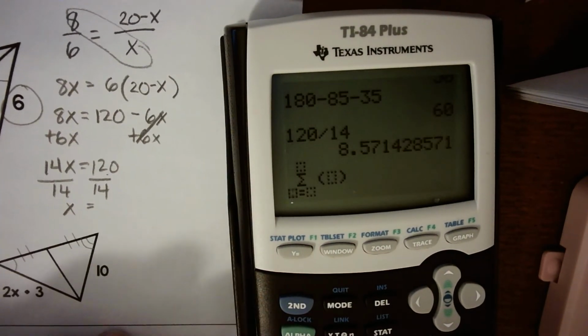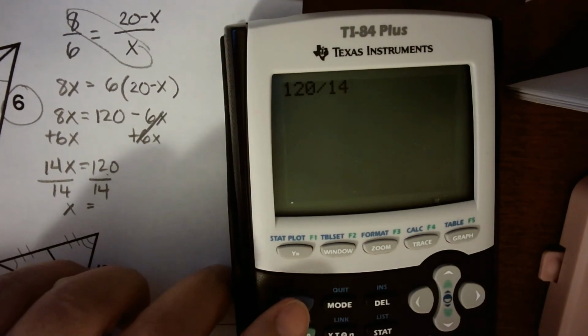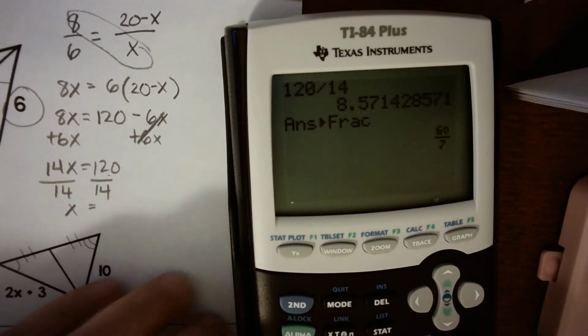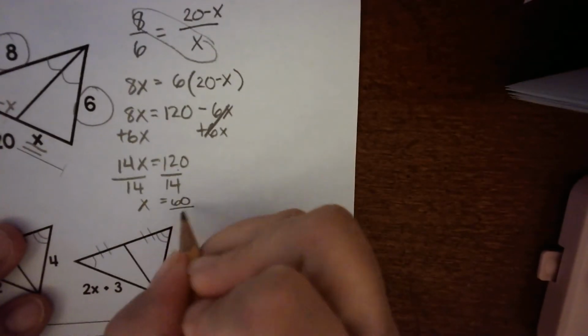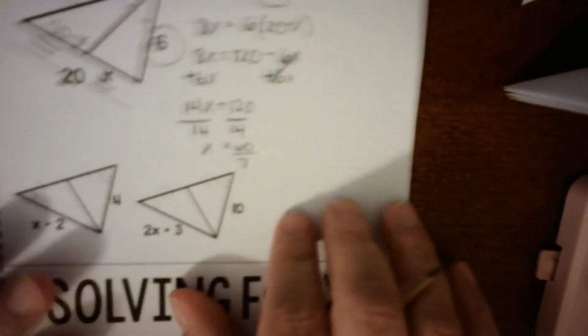Math, enter. Well, 60/7. Could have written a decimal approximation, but that would give you the exact value.